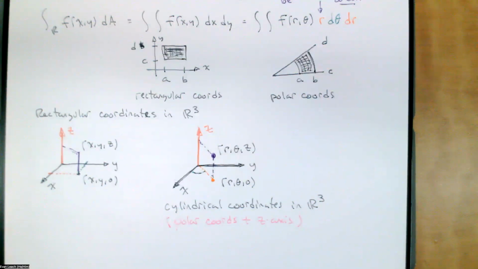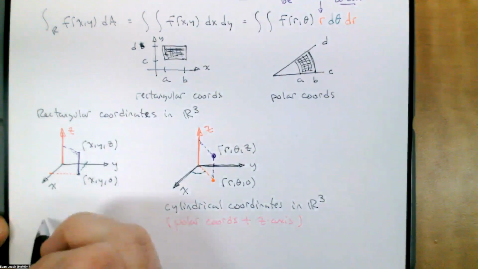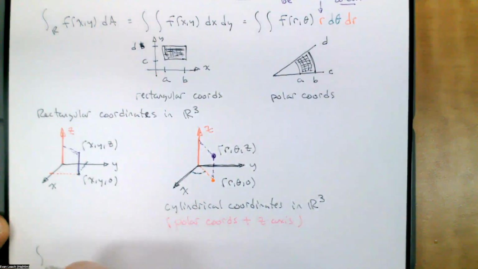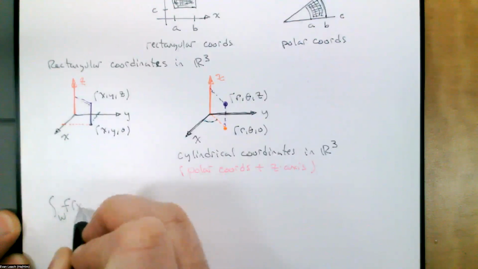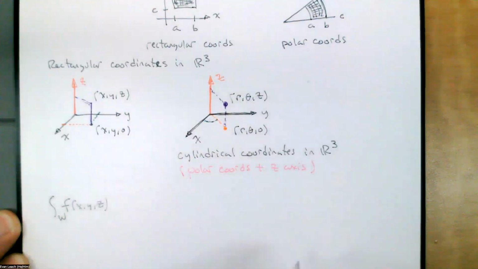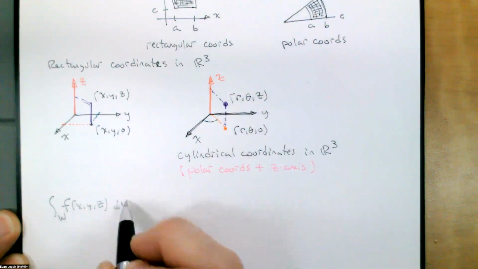That means it's very easy to upgrade our double integrals to triple integrals. For our rectangular coordinates, we can describe a triple integral over some solid W of a function of x, y, and z, dV.